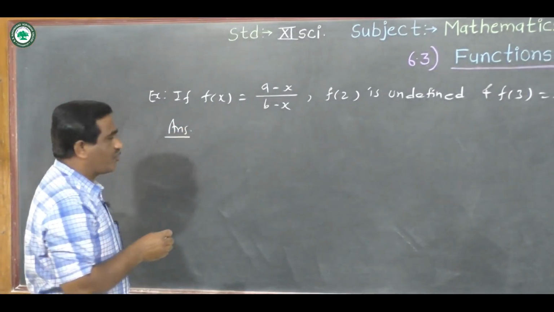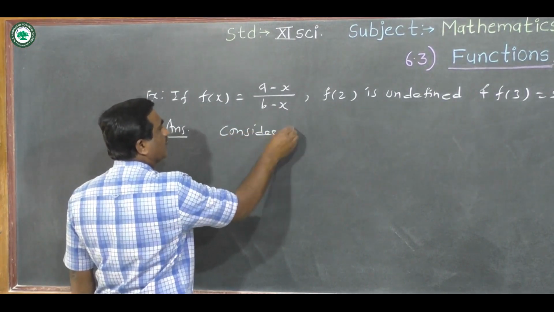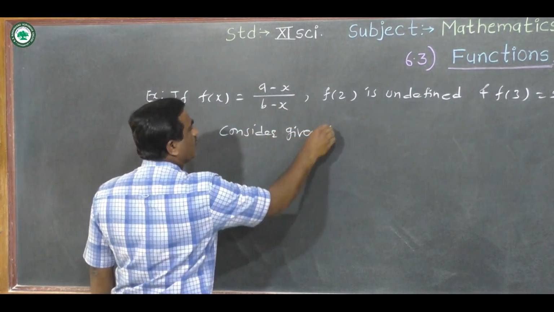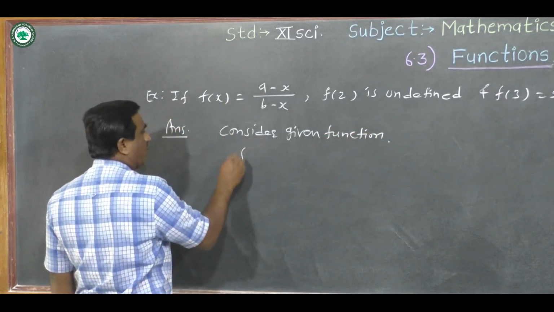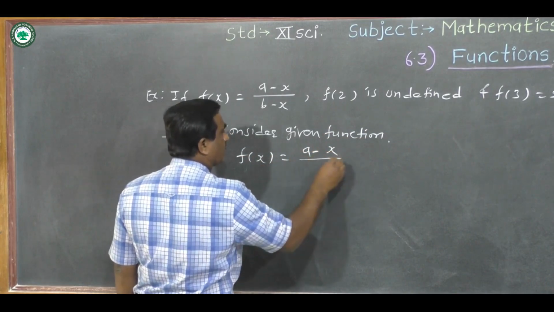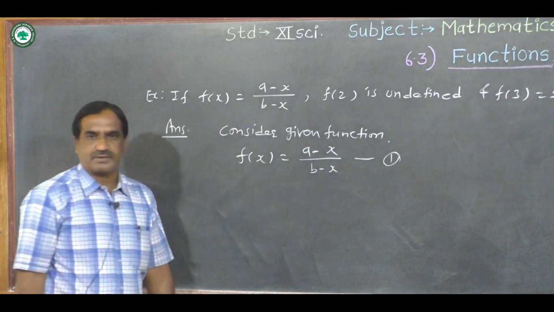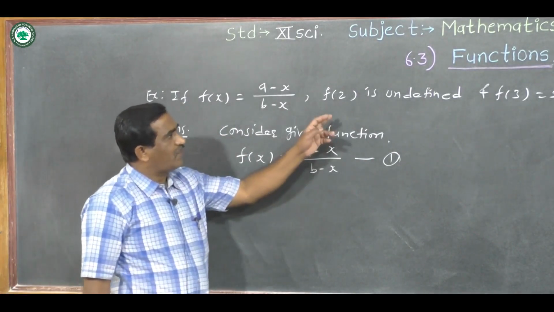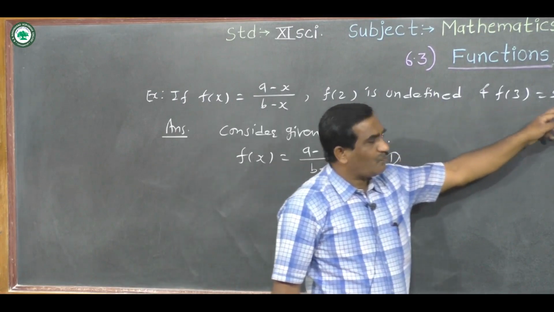Consider the given function here, that is f of x is equal to a minus x upon b minus x. Say this as equation number 1. Now we are given two values: f of 2 is undefined and f of 3 is equal to 5.